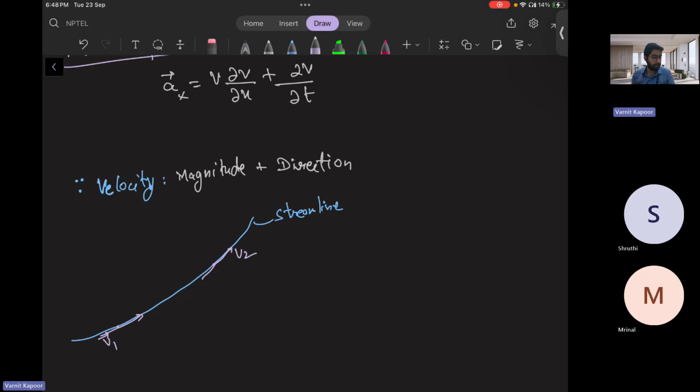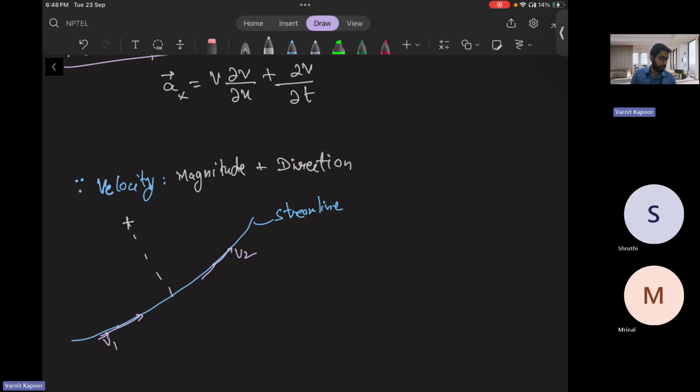So how is the magnitude given? Suppose this is the center of this streamline of the flow, wherever it is flowing. So it has a total acceleration which is the sum of tangential plus radial component, because velocity is changing its magnitude as well as direction.